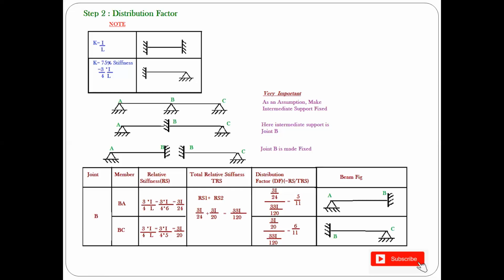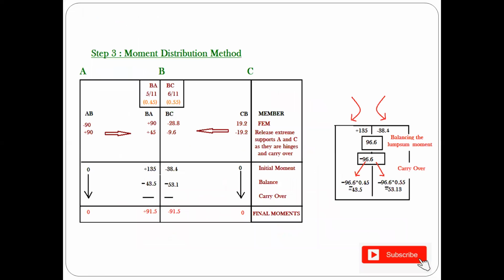So this is your step number 2. Now we go on to step number 3, the moment distribution method. The next thing you should understand is this. You write the joints A, B, and C as given in the problem, and in your beam you have AB, BA, BC, and CB as your members.